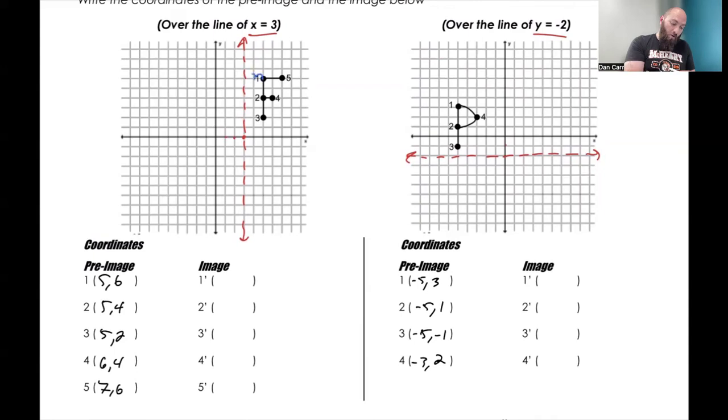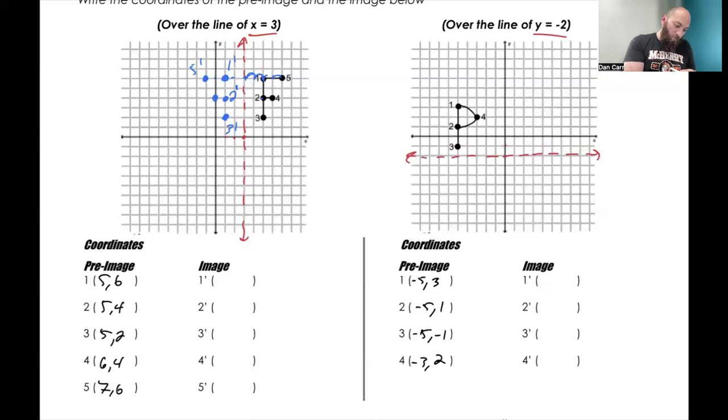So for point 1, I go 2 spots. I go 2 more spots for 1 prime. Okay, for 2 here, it's going to be the same thing. 2 spots away from the line of reflection. And then same thing with 3 prime. Goes right there. 5 goes 1, 2, 3, 4 spots. So 1, 2, 3, 4 spots away there.